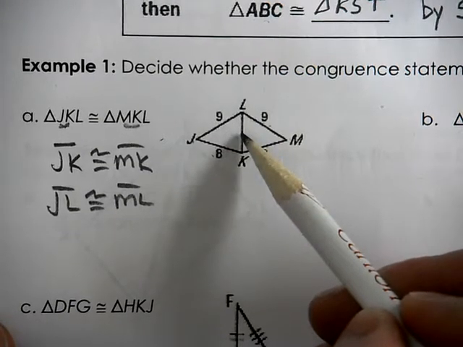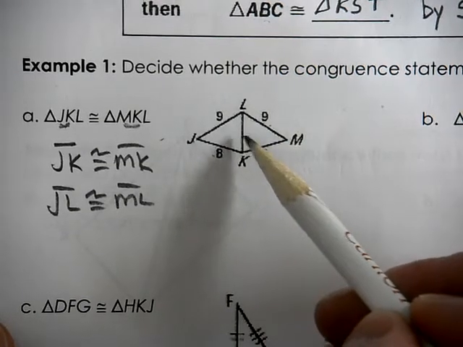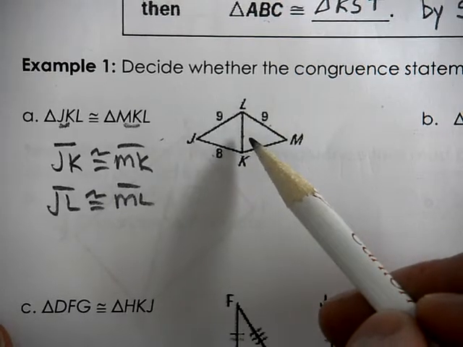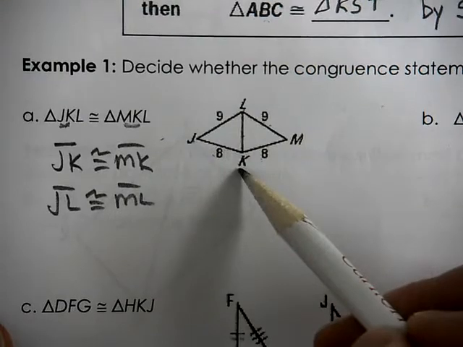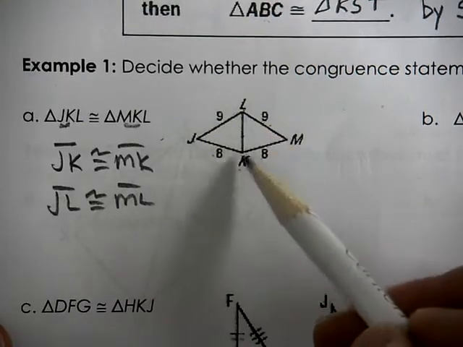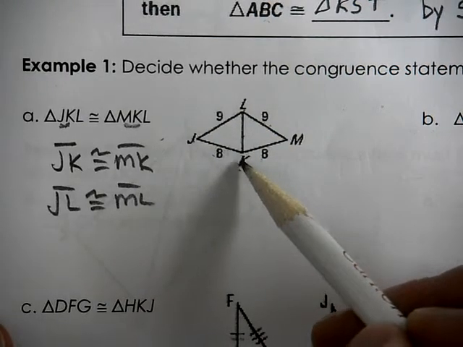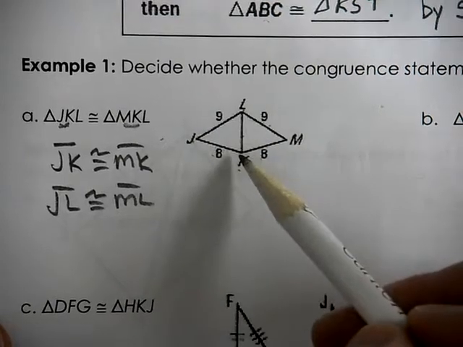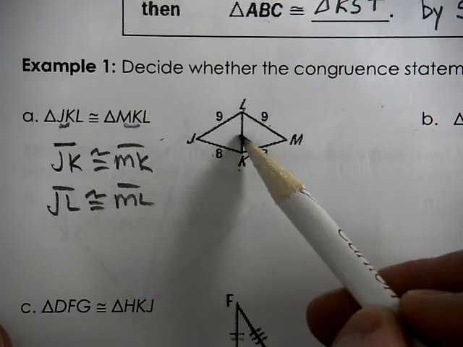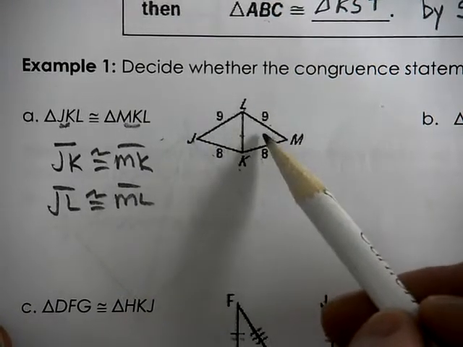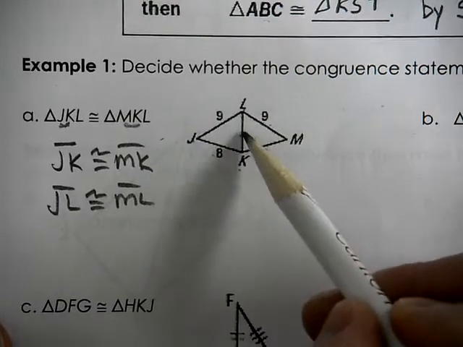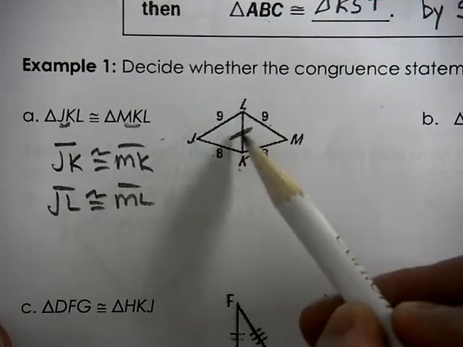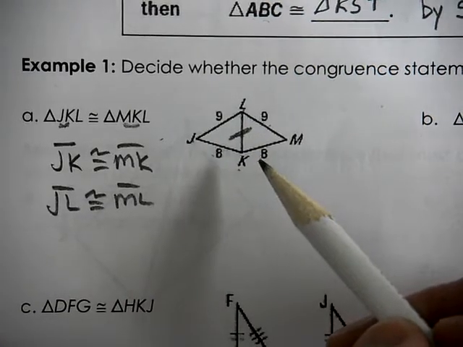We call that the reflexive side. We've done that before. We know that LK is congruent to LK because of the reflexive property. It's the same side. It's in both triangles. It's one side that is the same in both. So we can put a tick mark in it because we know it's the same in both triangles.